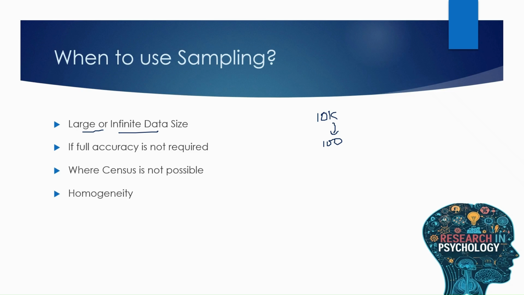Secondly, if full accuracy is not required. Full accuracy means you get the exact result only if you are interviewing all these 10,000 people.